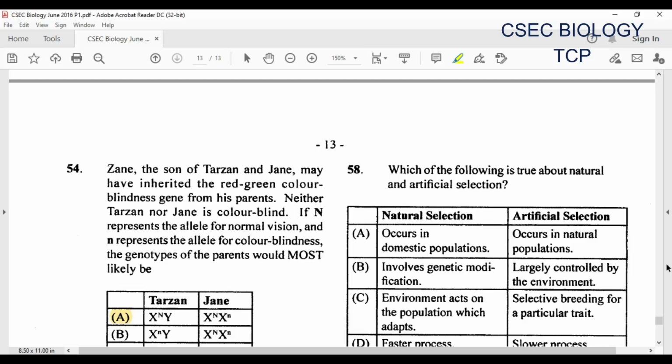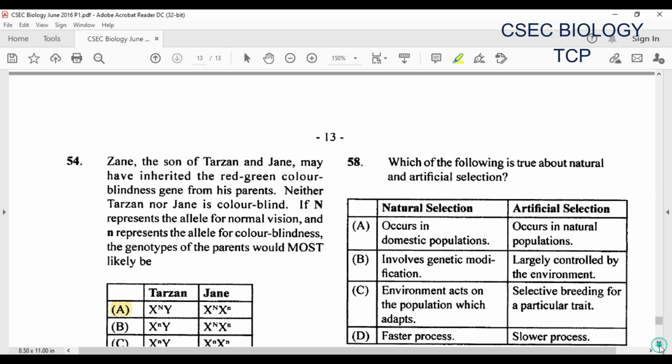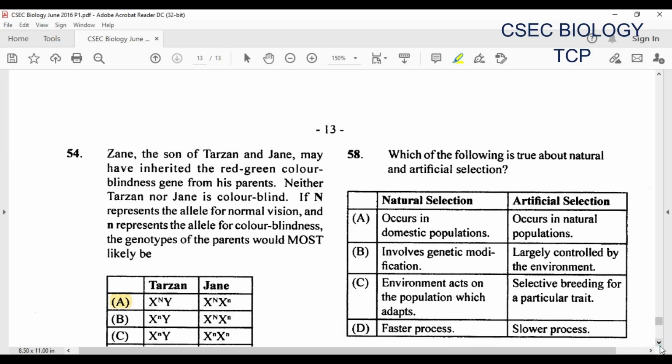No. And I'm not reading because I expect you to be carrying through with me. The answer here for me is going to be C. Environment acts on population which adapts, and of course artificial selection, selective breeding for a particular trait like you would have with horse racing. So C is going to be my answer here.